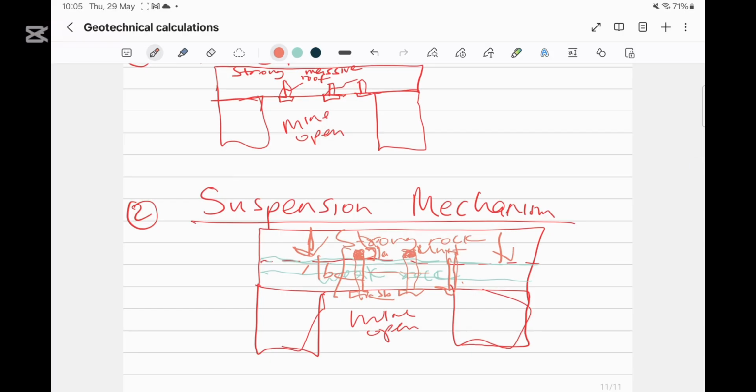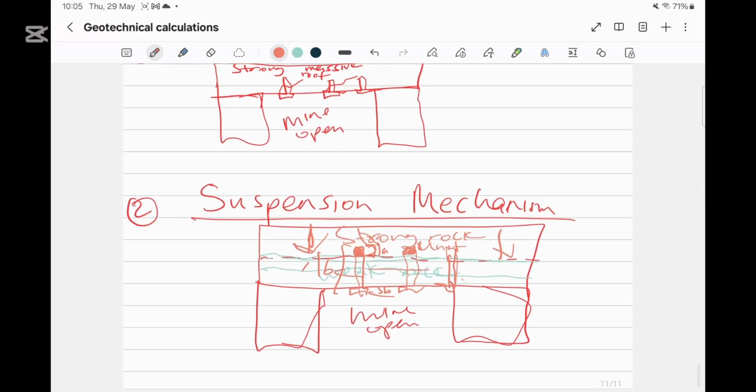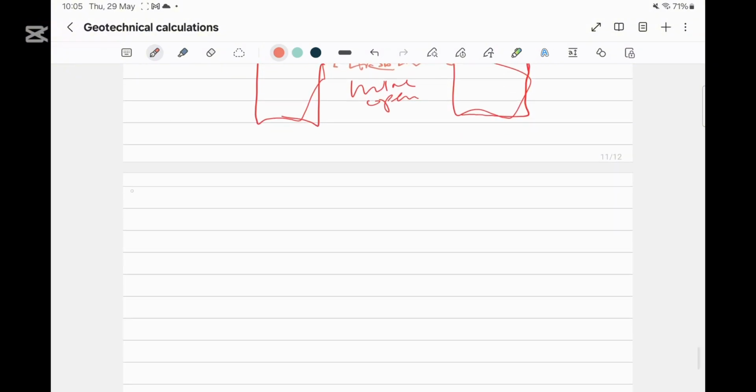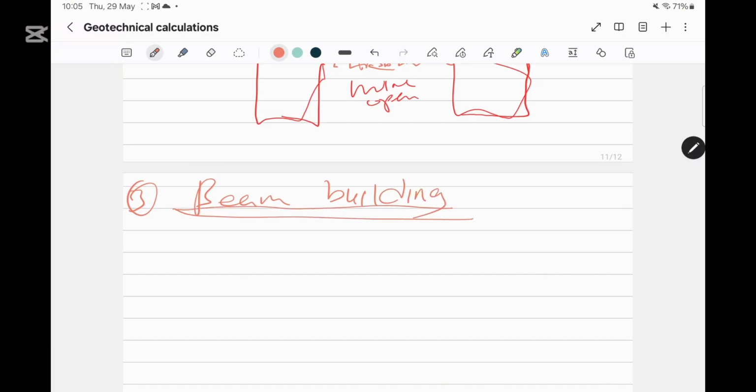So that's what we have with this one: a stronger rock unit sitting on top of a soft rock. Then number 3, we have beam building. I won't go into much detail on this one. With beam building, you have blocks of fractured rock sitting on the roof, but there's no self-supporting rock there.